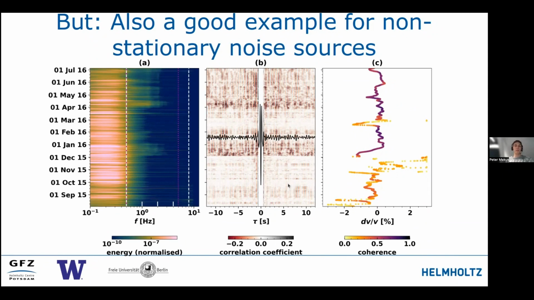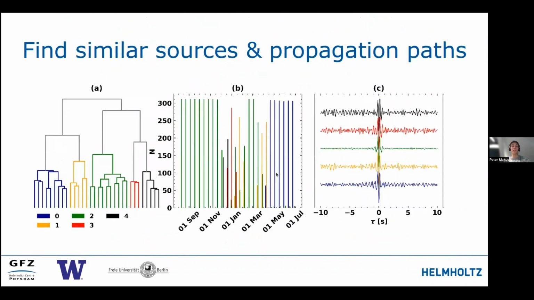So in this case, what we did is we tried to find similar correlation functions. And we did this using a hierarchical clustering algorithm. And it turns out a lot of them are actually quite similar.